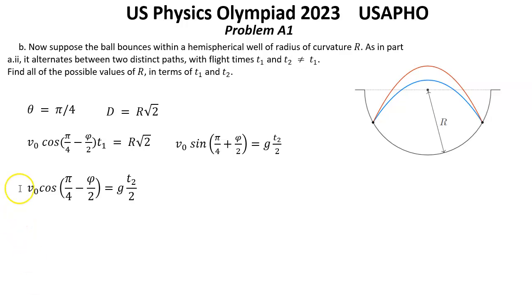We can divide this formula by this formula and finally get the radius r equal g t1 t2 over 2 square root of 2. This is the only possibility for radius, and that was the solution for question B.